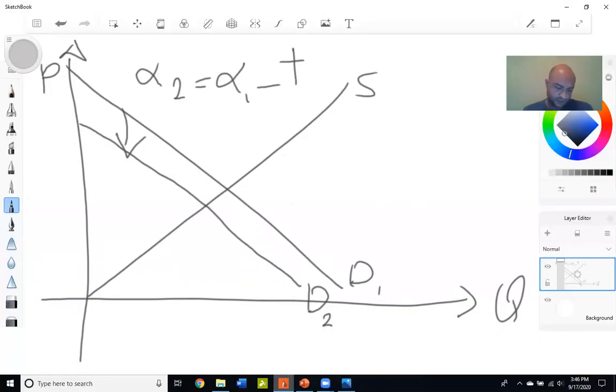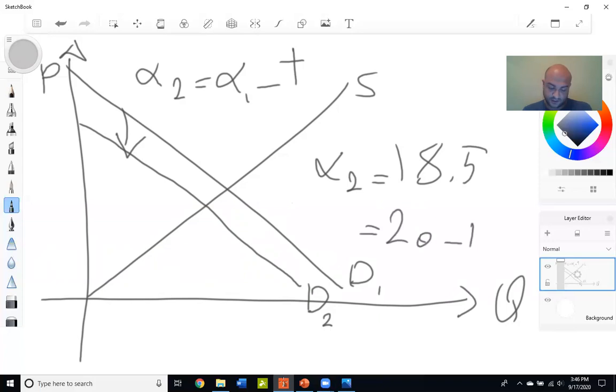Yep. So your new intercept, alpha 2, is equal to 18.5. Again, your old intercept minus the tax. This is your new intercept, 18.5. The slope of the curve doesn't change.